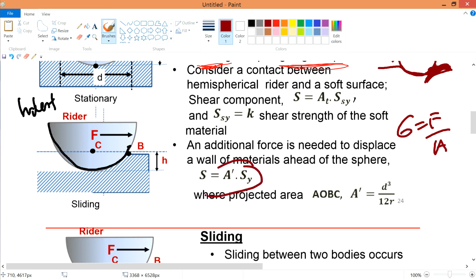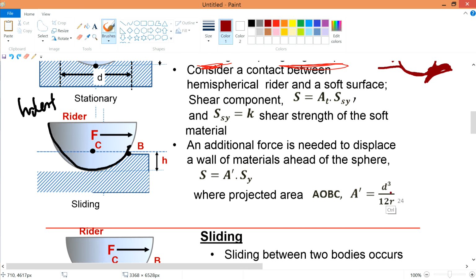It just keeps on changing the terms here and there, very flowery, like A prime, AT, S, SSY or whatever, but still talking about stress. This one is shear stress. Instead of force, they write shear, but it's still a shear force type of thing. So you need to know how to interpret this in an easier way.